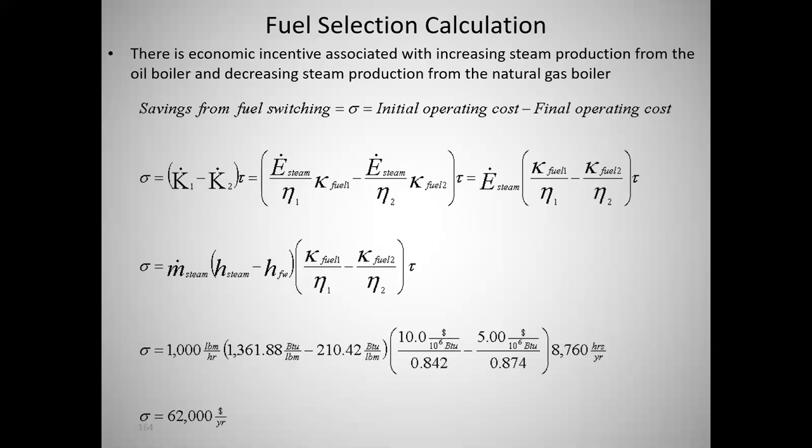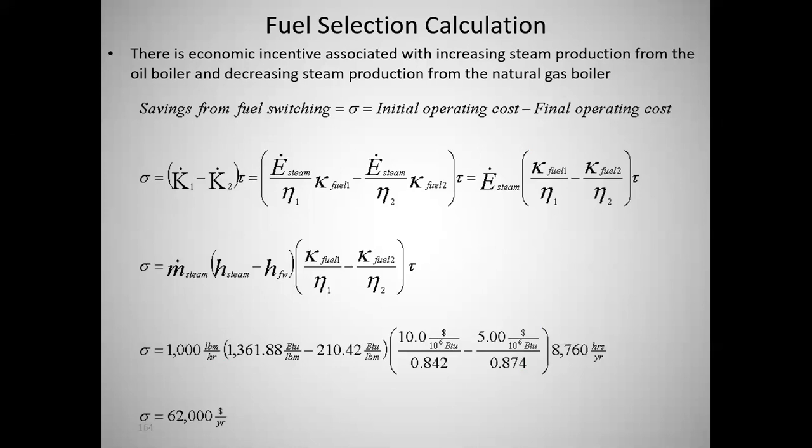So what we're going to do is look at switching 1,000 pounds an hour. Just make 1,000 pounds an hour less with natural gas and make it with fuel oil. There's our enthalpy difference, leaving steam minus feed water.